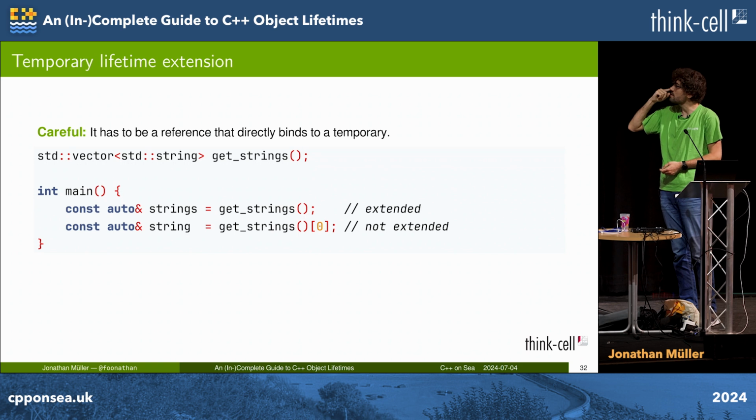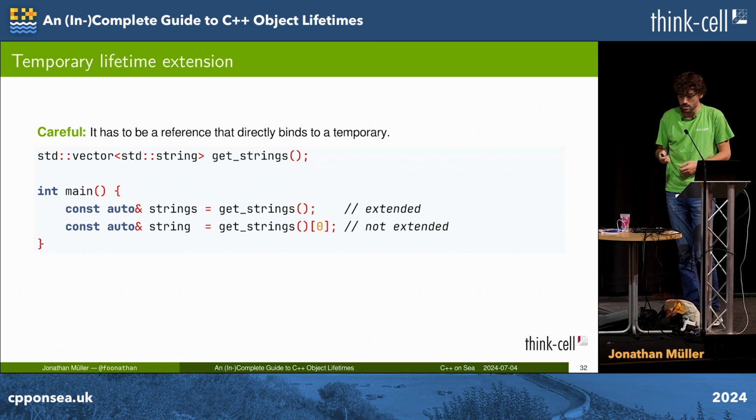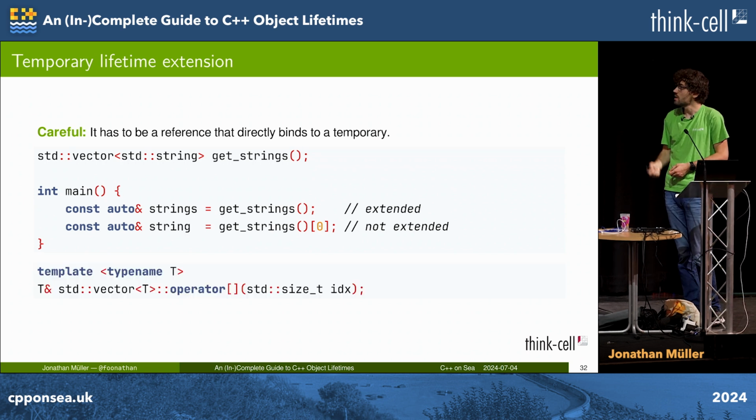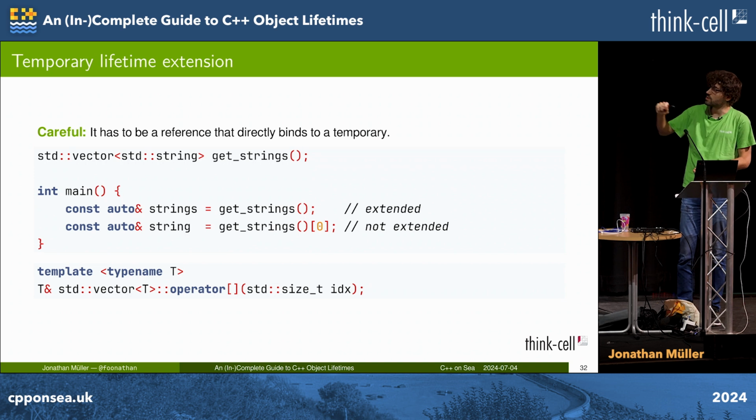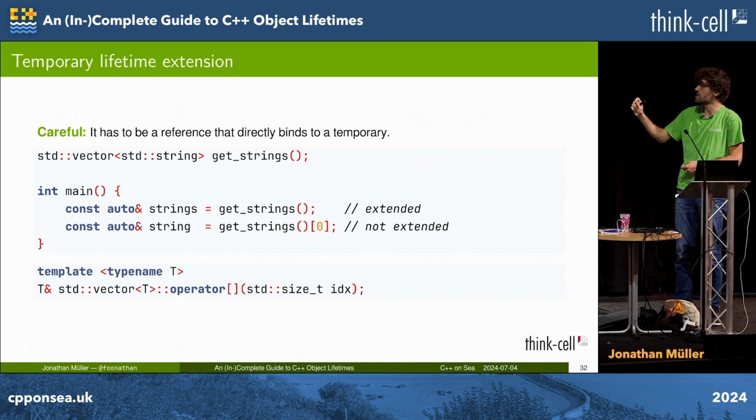In the second case, we bind the reference to the first element of getStrings, using the array subscript operator. And here the temporary is actually created in order to call the array subscript operator, because that's a member function. And then the array subscript operator returns a T ref. So we don't bind the reference to a temporary. We bind the reference to a reference that is returned from a function that's called on a temporary.